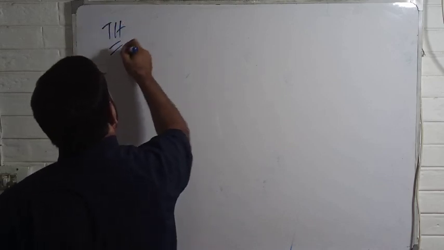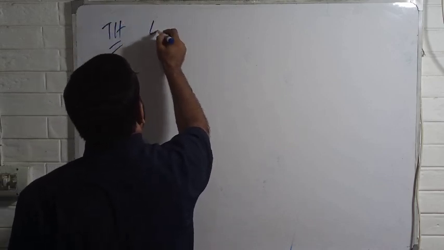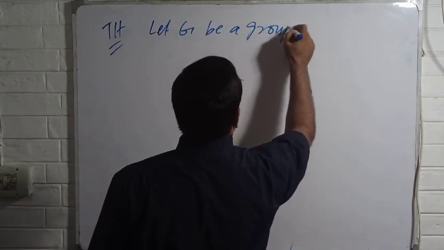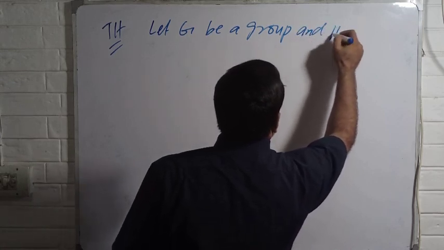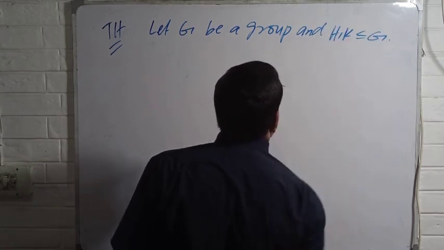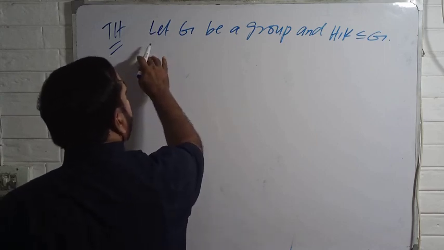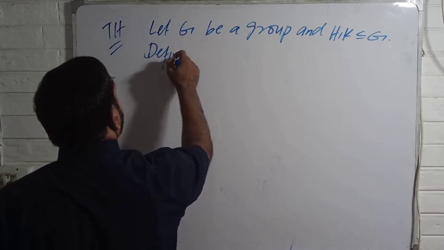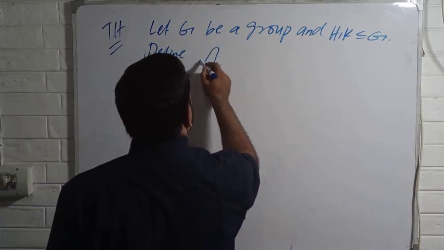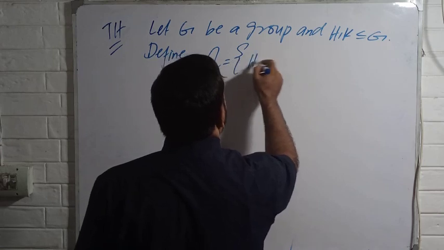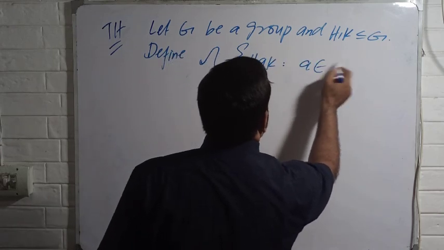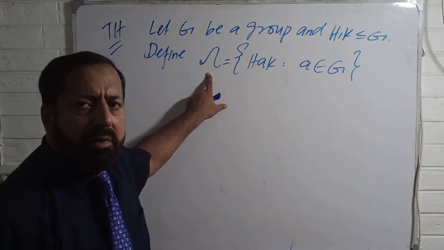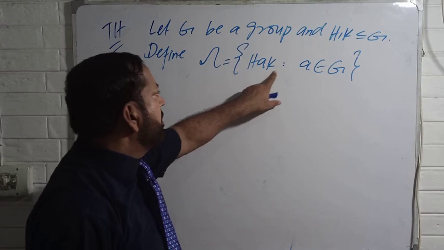Theorem: let G be a group and H, K be two subgroups of G. Define omega equal to HAK where A belongs to G. Here the elements of omega are in fact double cosets.